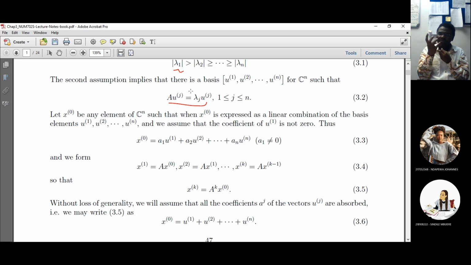So the constant of proportionality, lambda j, because A uj is proportional to uj, is what we call the eigenvalue.